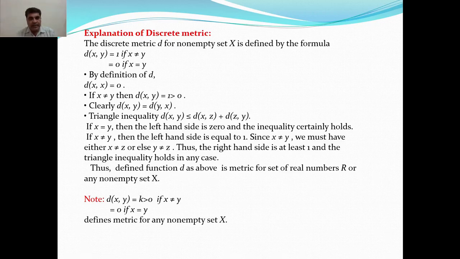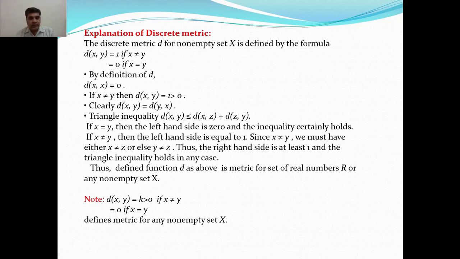So, d of xz or d of zy takes at least one value, and for any two elements a and b, d of ab greater than or equal to 0 implies d of xz plus d of zy is either 1 plus 0 or 0 plus 1, or it may be 1 plus 1 if x not equal to y not equal to z. Means the right hand side becomes either 1 or 2 and the left hand side is 1.